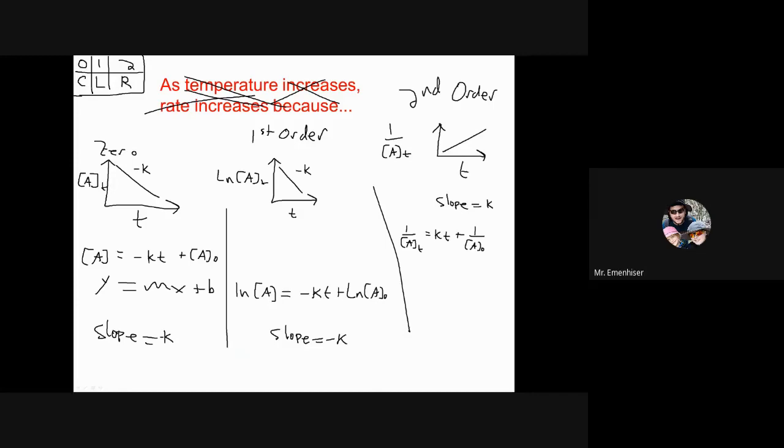So CL and then R. So CLR is what I use to remember: zero order is concentration versus time, that'll give me my straight graph; first order is the natural log versus time; and R, the reciprocal, is second order. So 0, first order, second order.